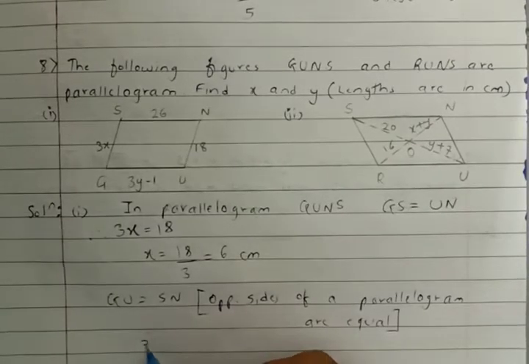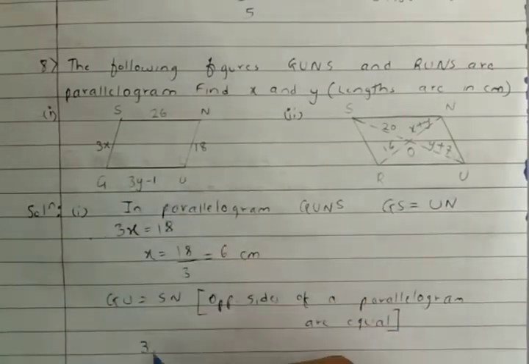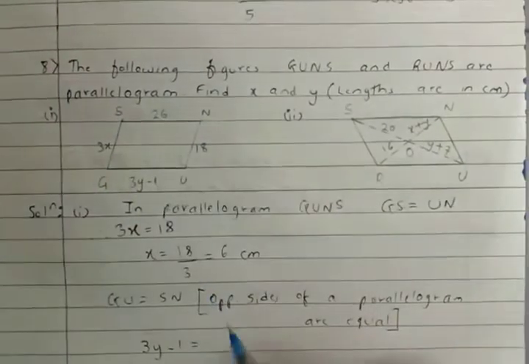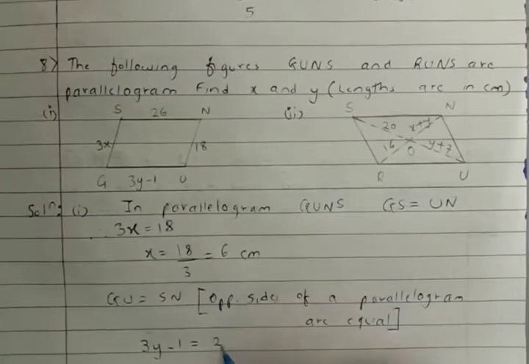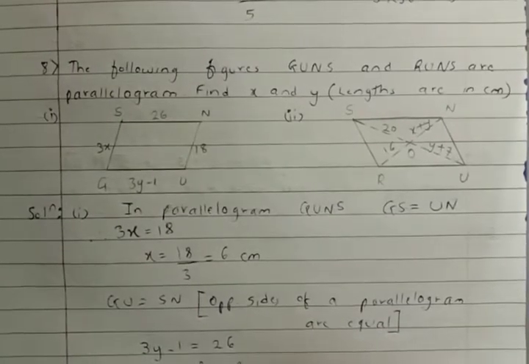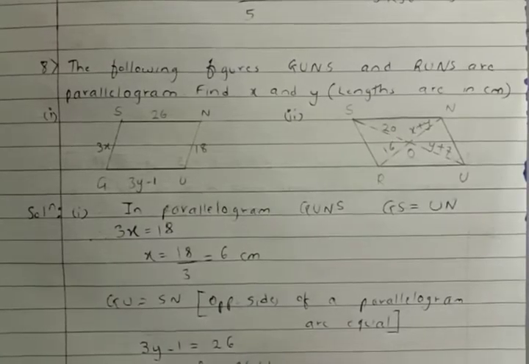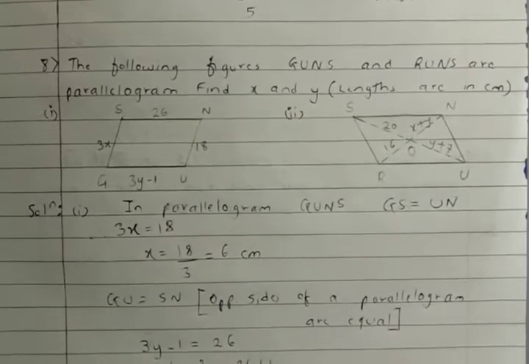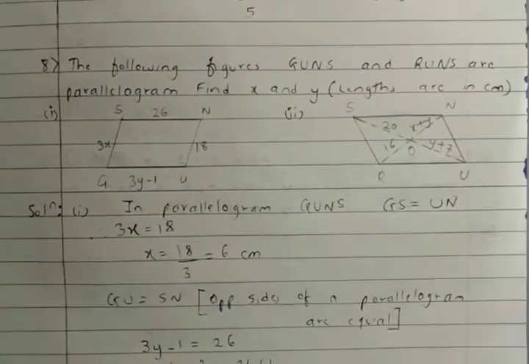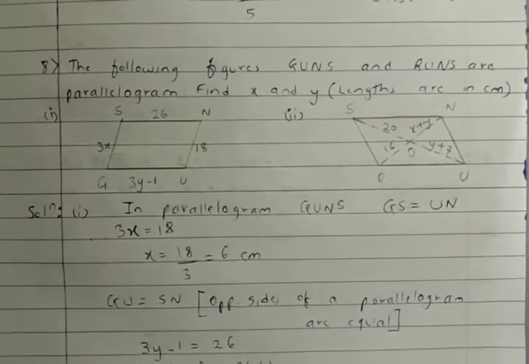So the length of GU, 3y minus 1, is equal to SN length, 26 centimeters. So we will solve this equation. 3y will be 27 centimeters. Therefore we will get the distance of y as 27 divided by 3, that is equal to 9 centimeters.